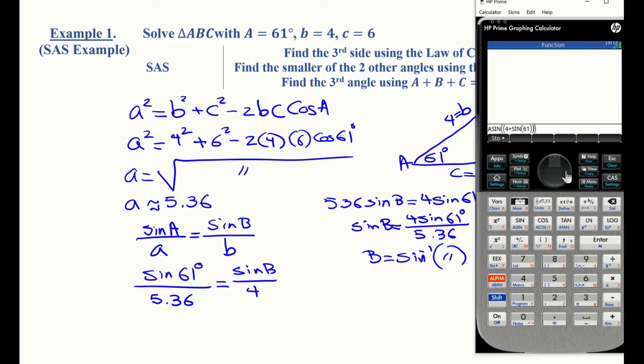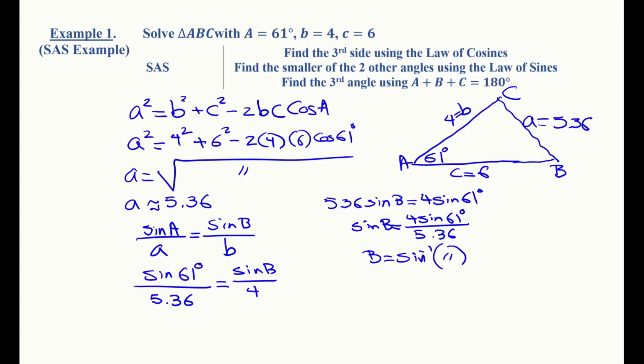All right, so now we will go ahead and divide that numerator by 5.36. We'll quickly double check to make sure we typed it in correctly. So we get approximately 40.7 degrees on the angle B.